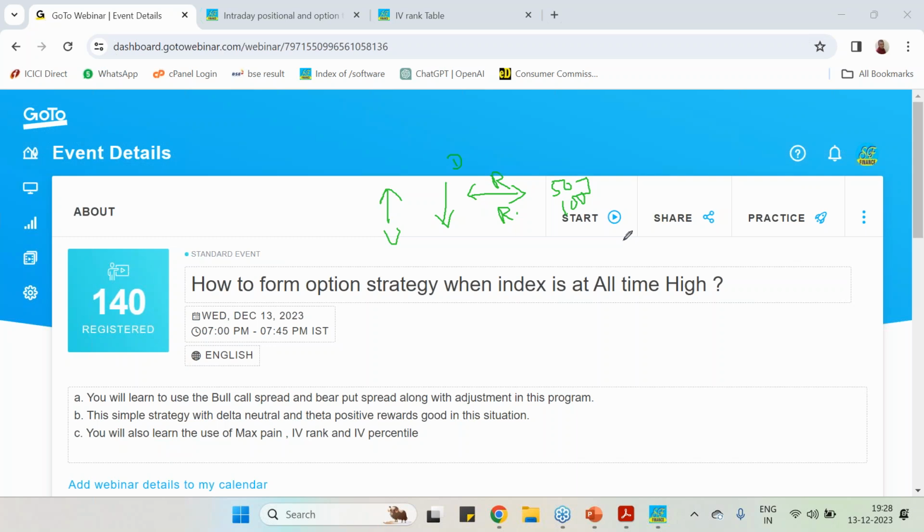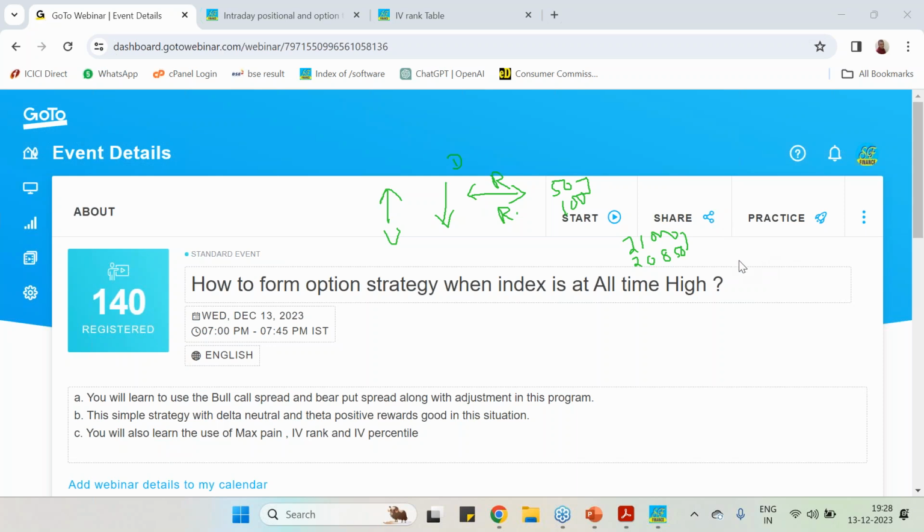Market is closing between 19,850 to 20,050, or 900 to 21,000. So that range only, 21,000 to 20,850. Today only it has breached. This is a 150-point range. It is consolidating.